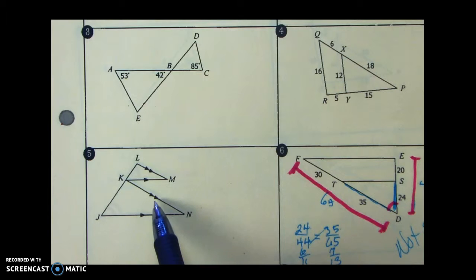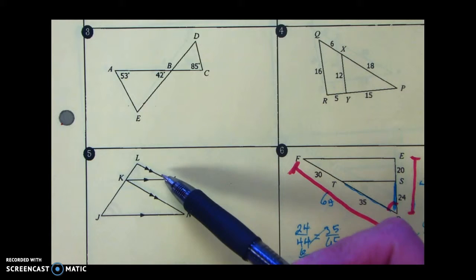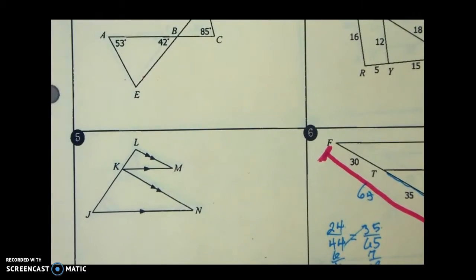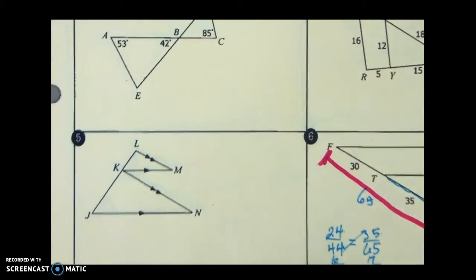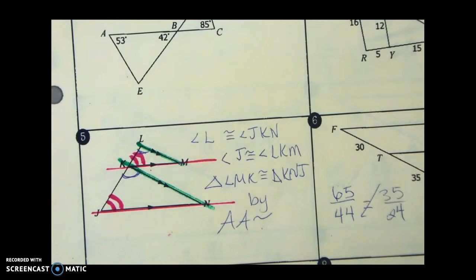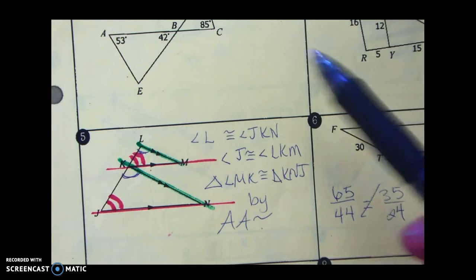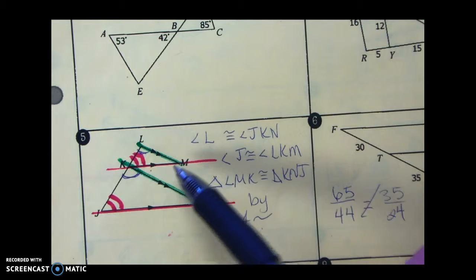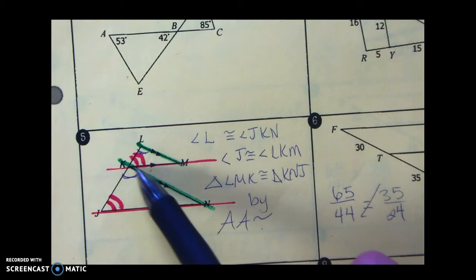So I see 2 arrows here, which means this line is parallel to this one. 1 arrow there, 1 arrow there. This one is parallel to this one. So what that means, if we think about when we studied parallel lines, we wanted to make sure that we understood that when 2 lines are parallel, we're looking at these green lines.